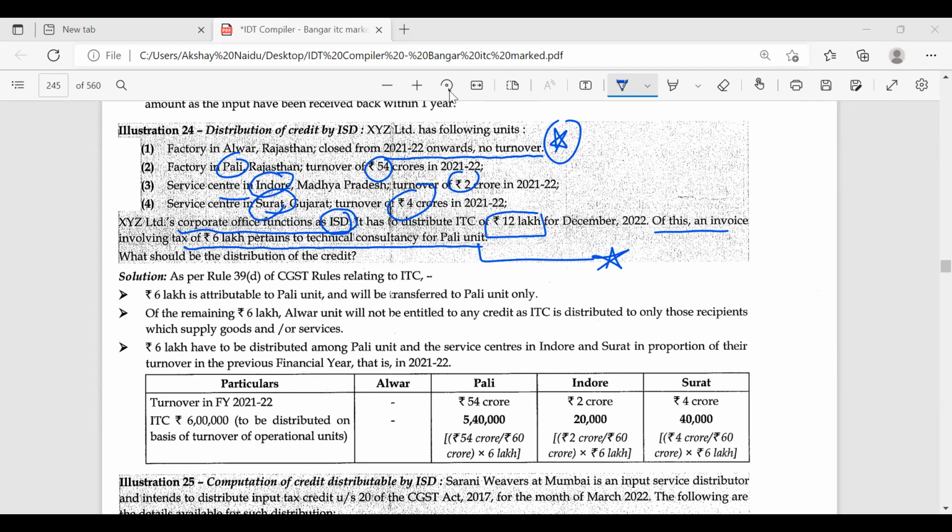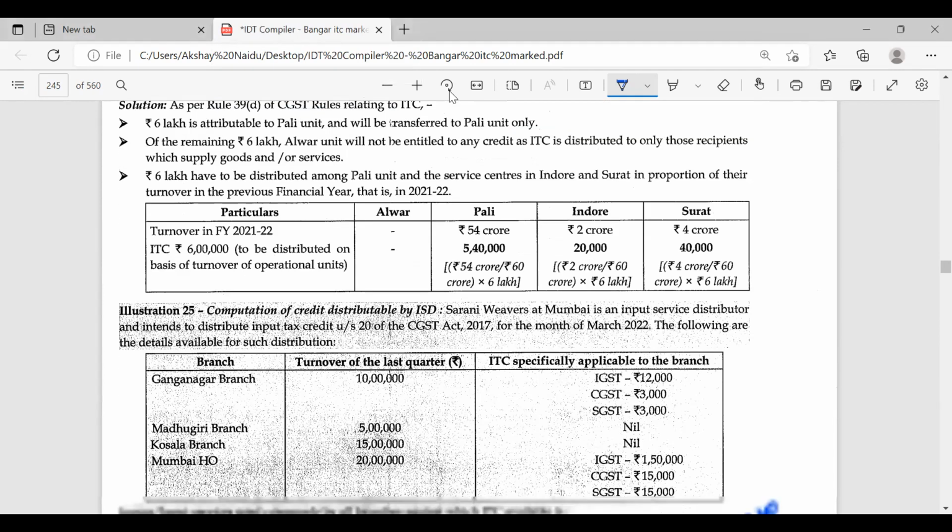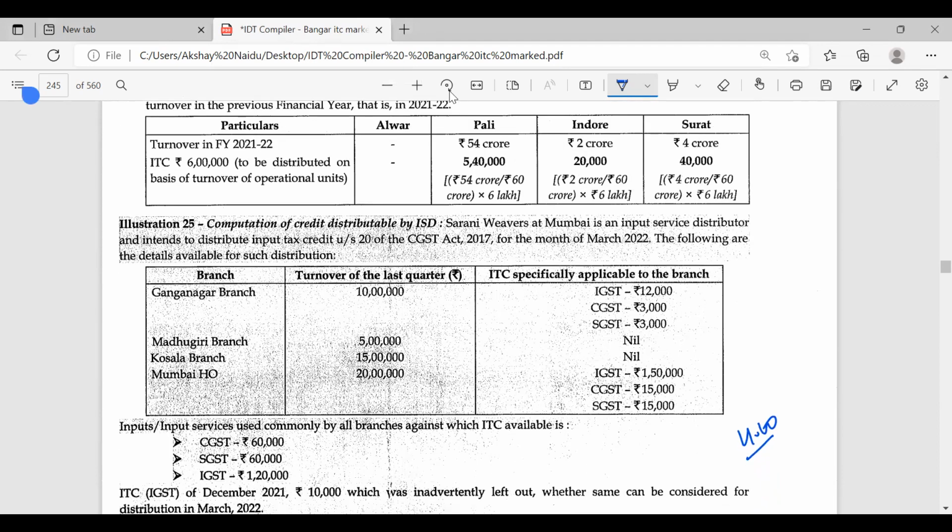Now, move to question number 25. It is homework, but I want you to calculate here only. At least take the question, you will understand how to solve.